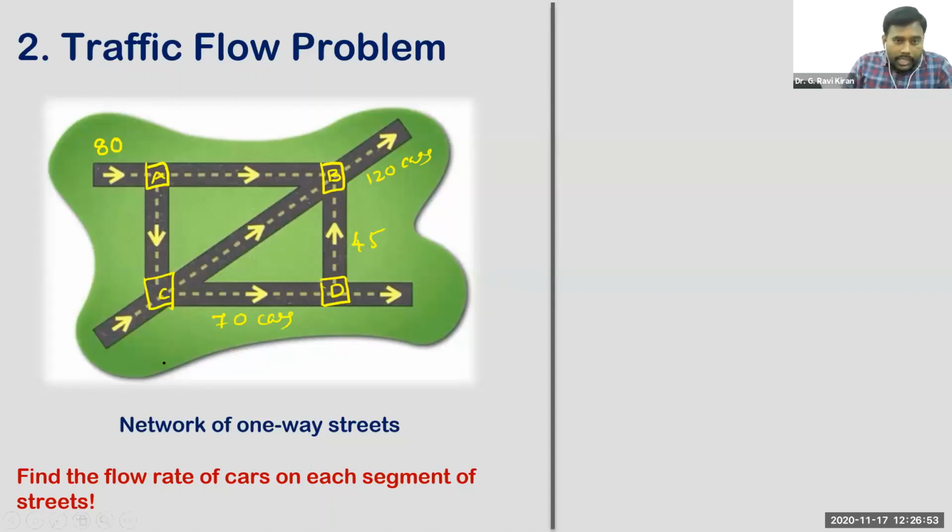Now, with this partial information, right? We have only this much data with us. With this partial information, can we find out the flow rate of cars on each segment of these streets? We have different segments in this network. Can we find out what the flow rates are? For my convenience, I'm assuming X1.